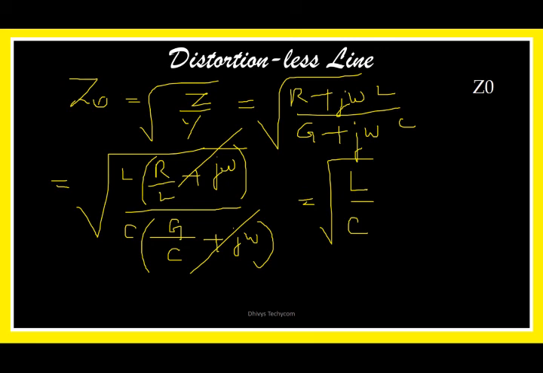So what we have discussed so far: we have analyzed how alpha should be in terms of a distortion-less line, and then beta we have derived, where beta can be linearly dependent on omega. Then we have derived the propagation constant, velocity and the characteristic impedance. This is the most expected question, and there are many problems on the distortion-less condition that we'll be discussing in the next video.